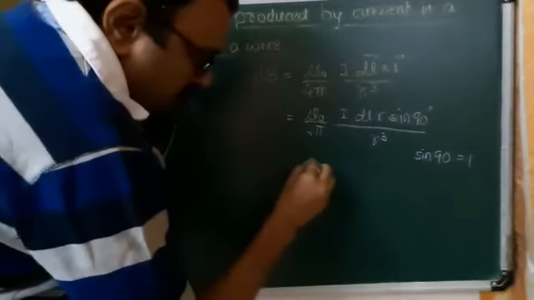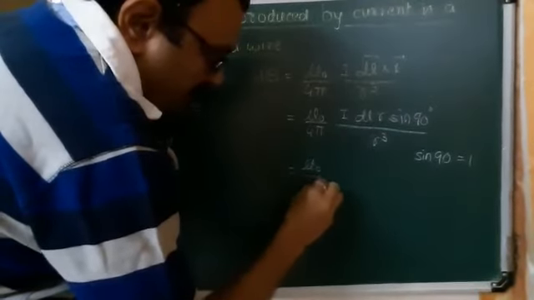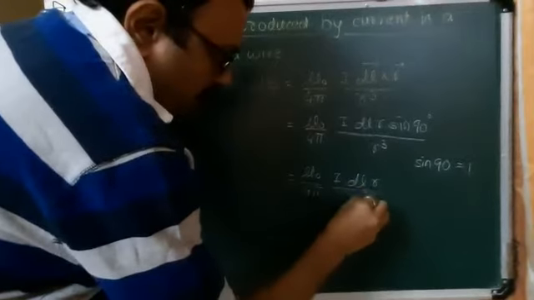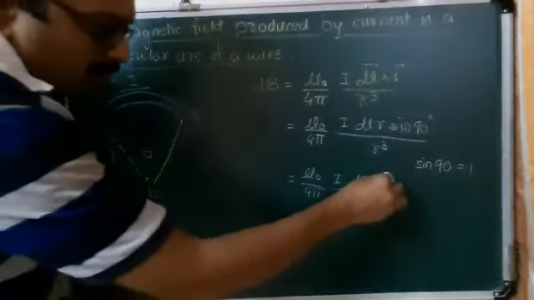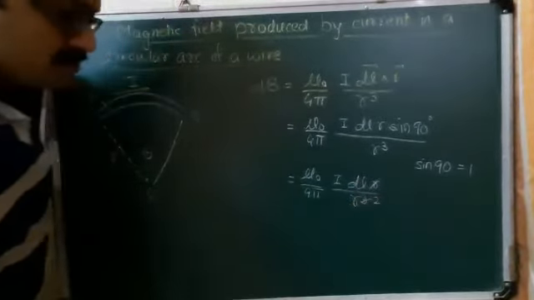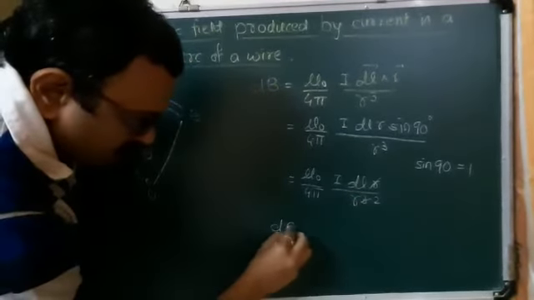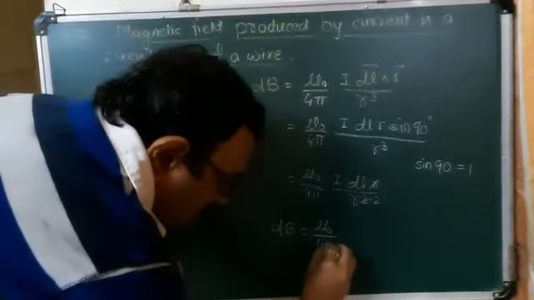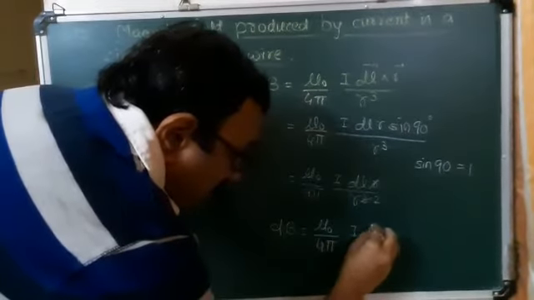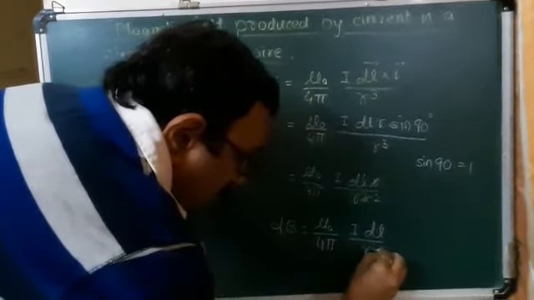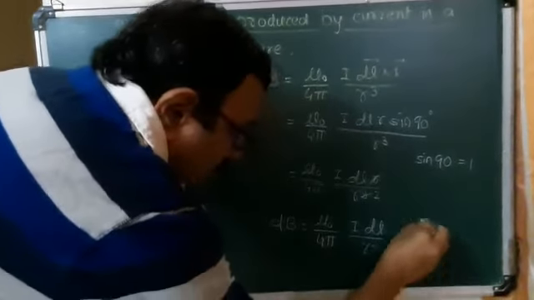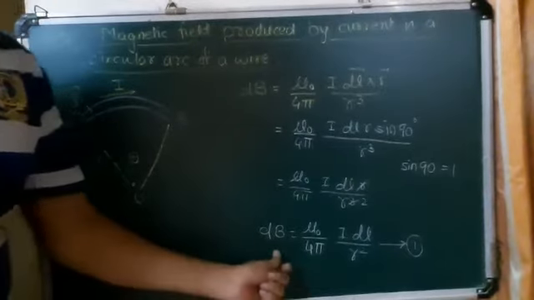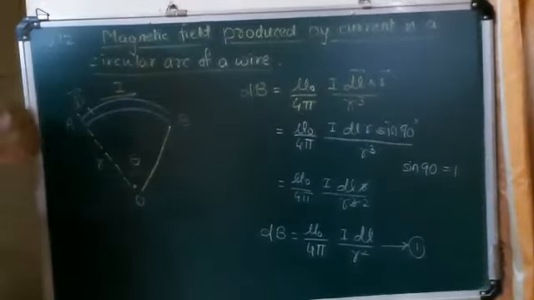Therefore this becomes mu 0 upon 4 pi I dl r upon r cube. Here one r gets cancelled. Then the magnetic field of induction dB is equal to mu 0 upon 4 pi I dl upon r square. Call this equation number 1. The direction of this dB is into the paper.